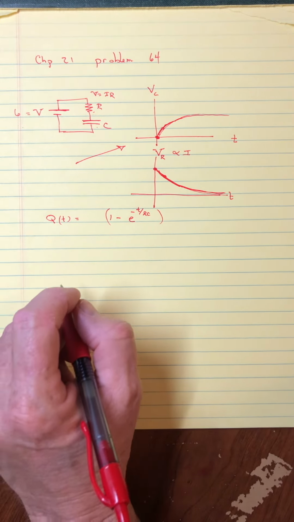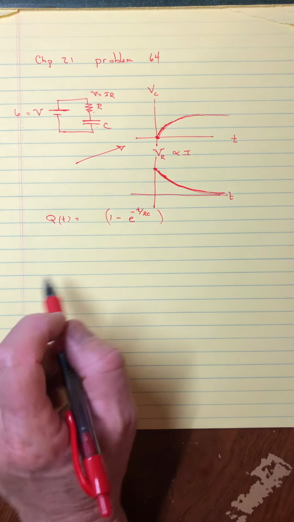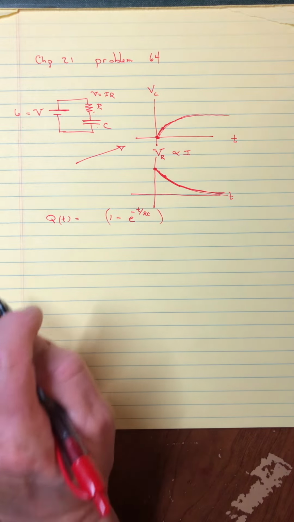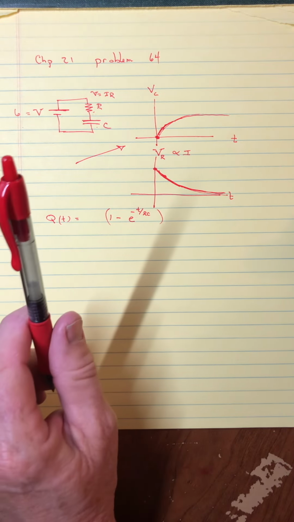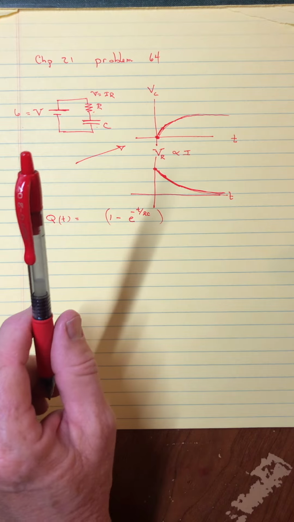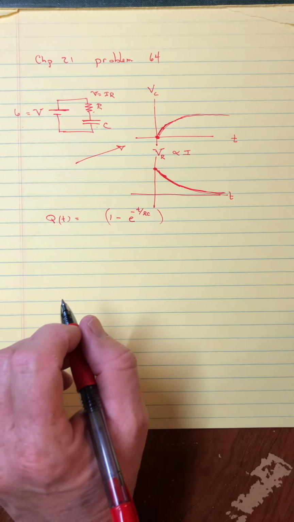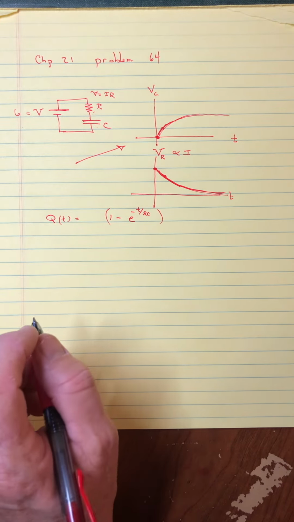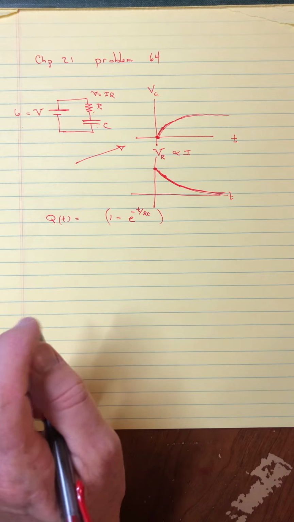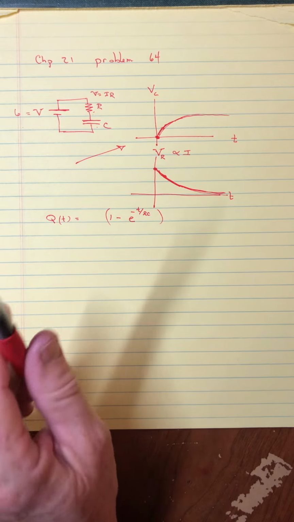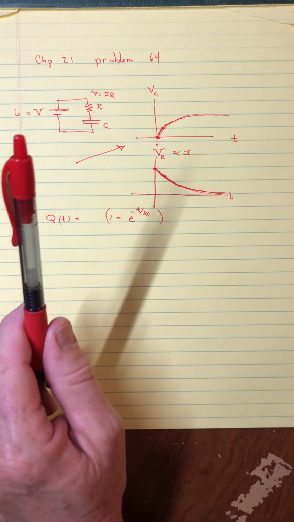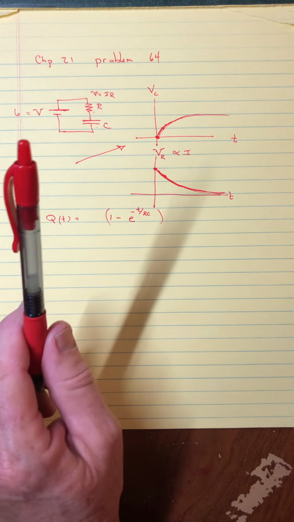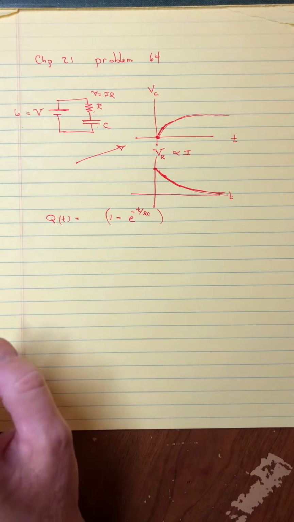And so let me read the problem here. It says a heart pacemaker fires 72 times per minute. Each time a 25 nanofarad capacitor is charged by a battery in series to 0.632 of its full value. What is the value of the resistance?